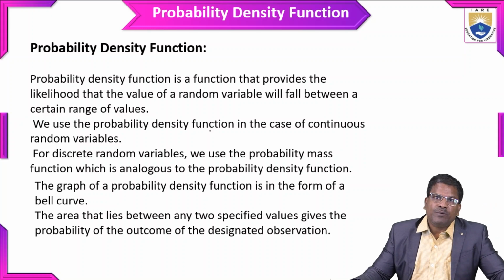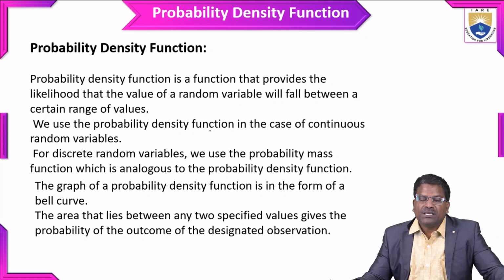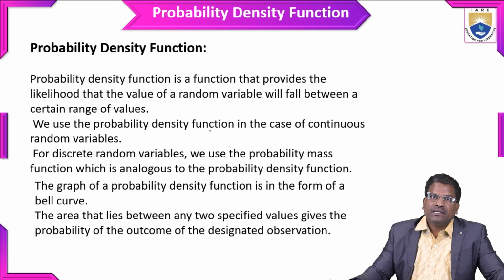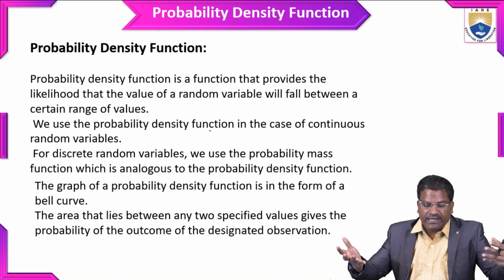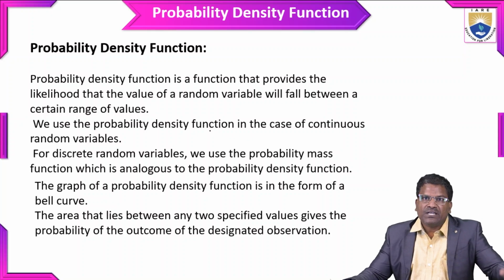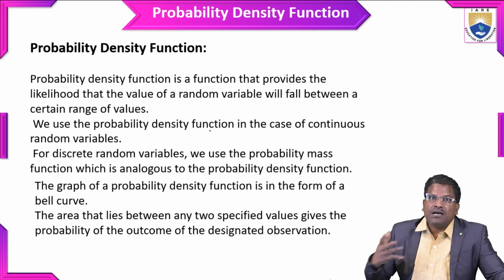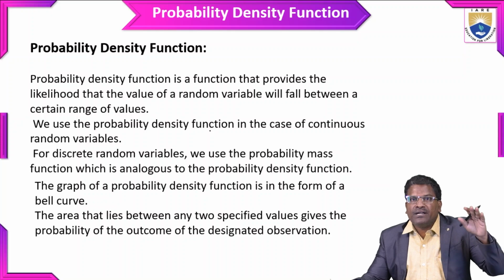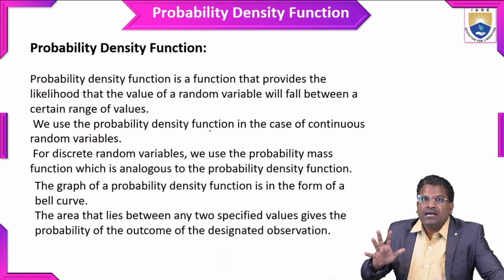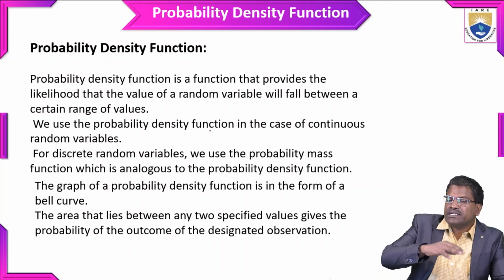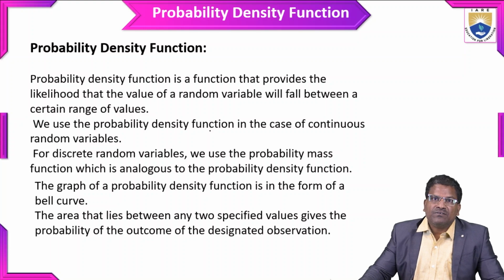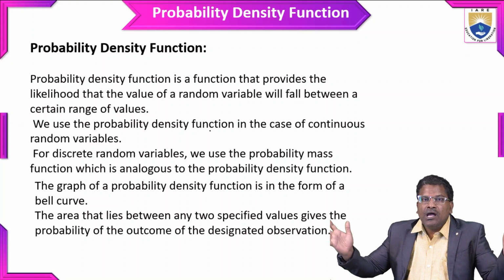The graph of the probability density function is in the form of a bell-shaped curve. The area that lies between any two specified values gives the probability of the outcome of the designated observation. So, under the probability density function, we will find the area lying between certain intervals, and for various values of the continuous random variable, what will be the occupied area?